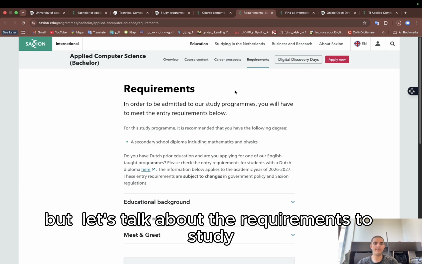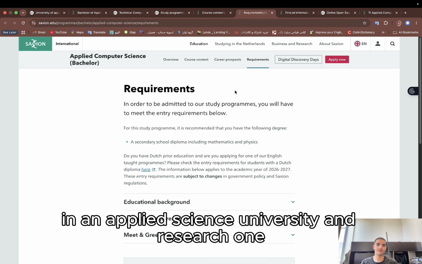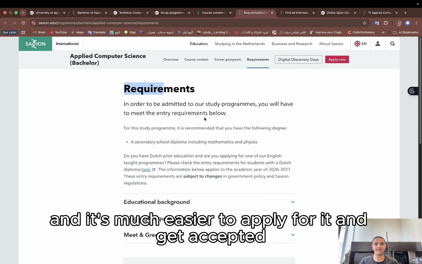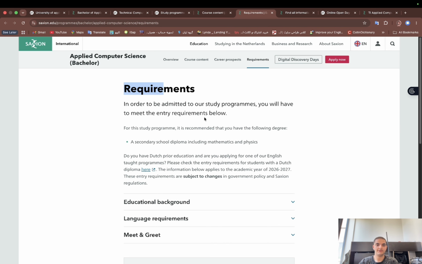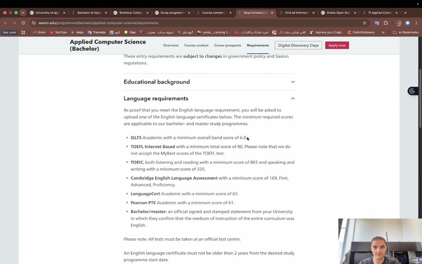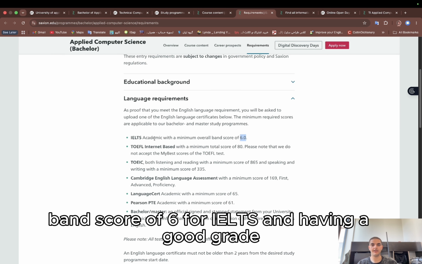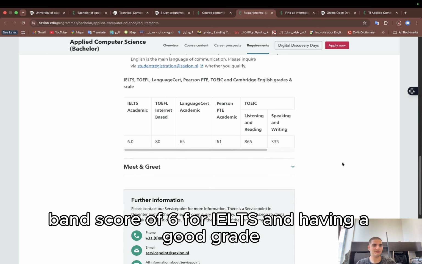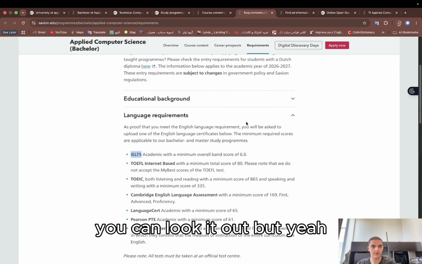But let's talk about the requirements to study in an applied science university and a research one. Well, in applied science, requirements are much simpler, and it's much easier to apply for it and get accepted. With almost a band score of 6 for IELTS and having a good grade, you can look into it.